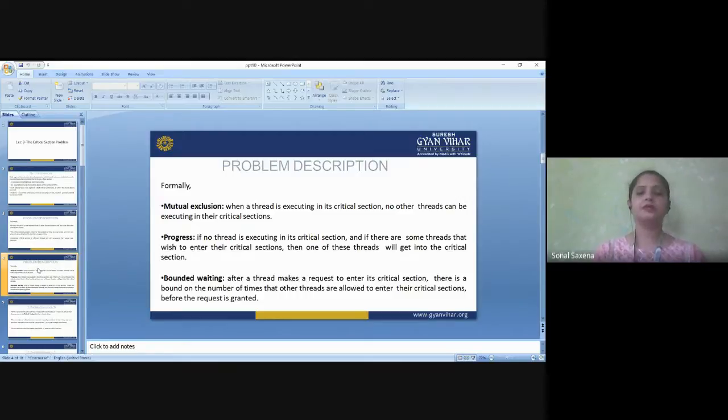Then the third one is bounded waiting. What exactly is bounded waiting? After a thread makes a request to enter its critical section, there is a bound on the number of times that other threads are allowed to enter their critical section before the request is granted. A process always makes a request before entering the critical section.